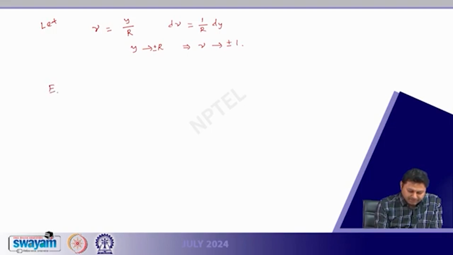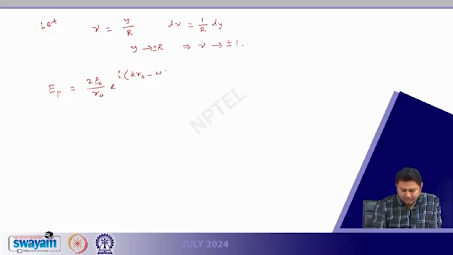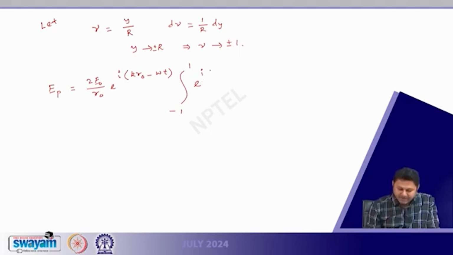So, E p with this changed coordinate will be the initial term, which is 2 E naught divided by r 0 e to the power of I k r 0 minus omega t, and then we have integration minus 1 to 1, and then we have e to the power of I, y by r, I put alpha.